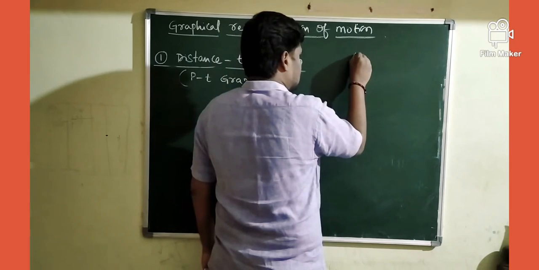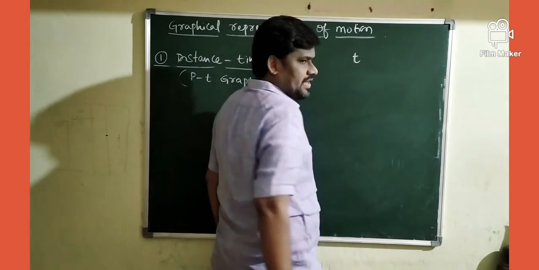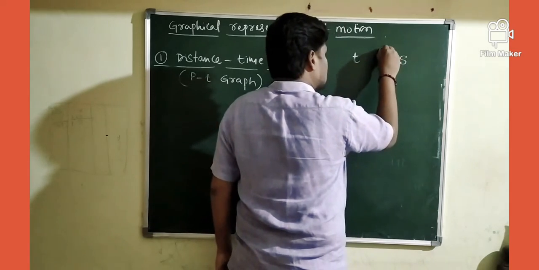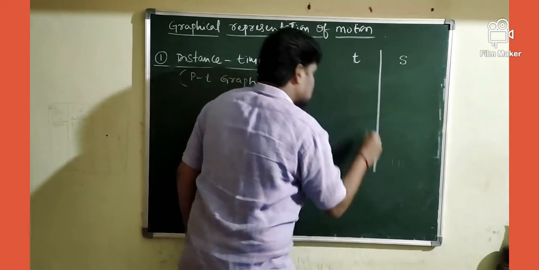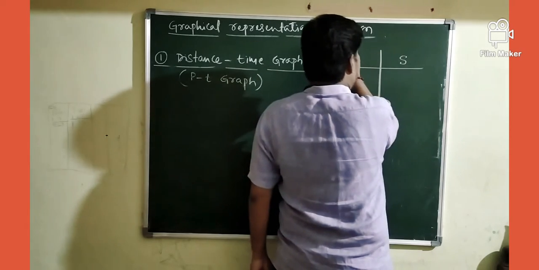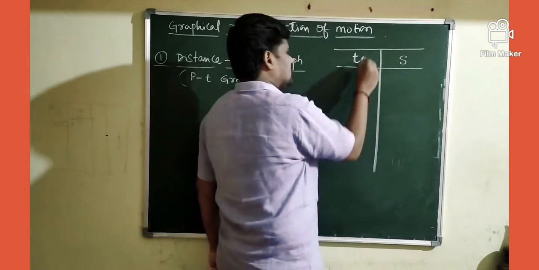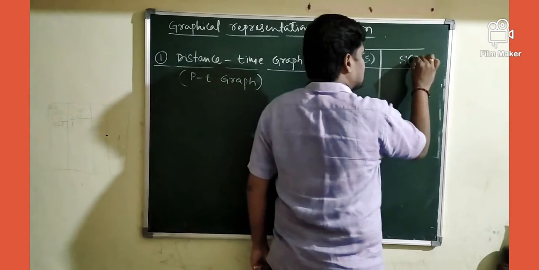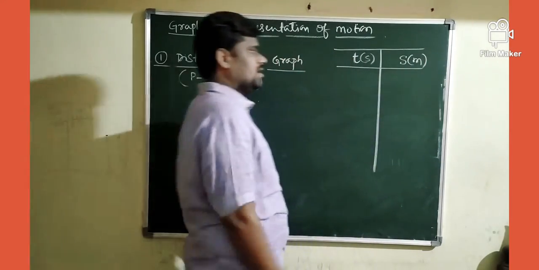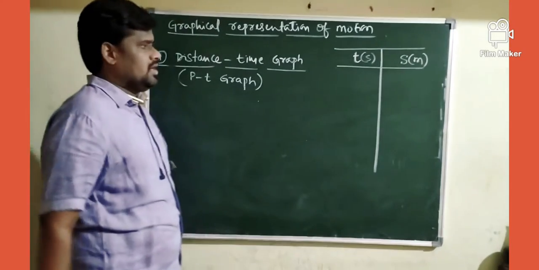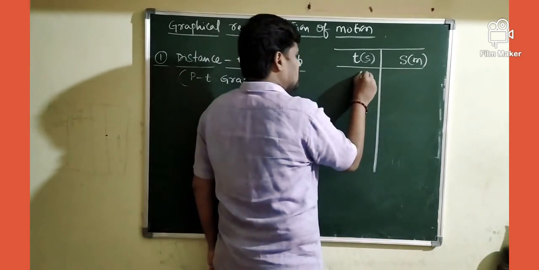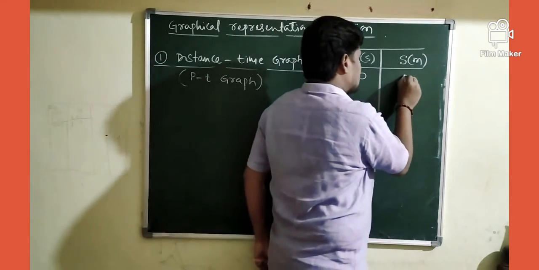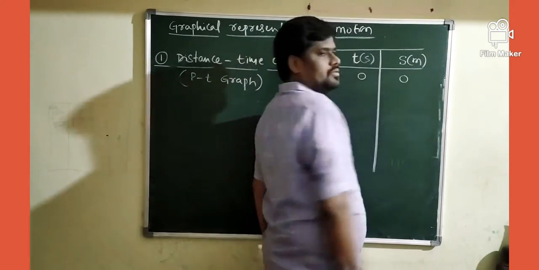Say for example, I will take time along the x-axis and distance travelled by the body along the y-axis. Time is taken in seconds and distance in meters. Initially, when the time is 0 seconds, the distance travelled by the body is also 0.